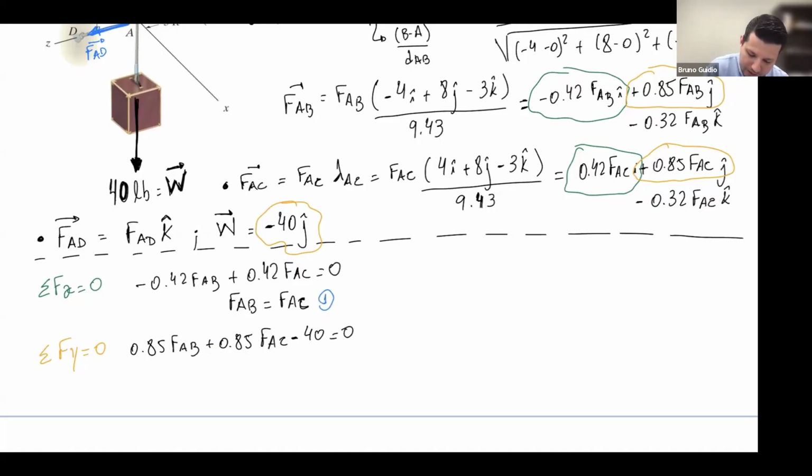I get this equation here, so I'm going to have 0.85 FAC plus 0.85 FAC equal to 40.